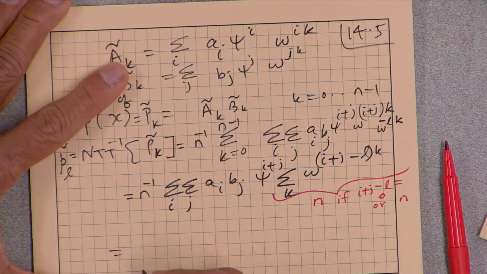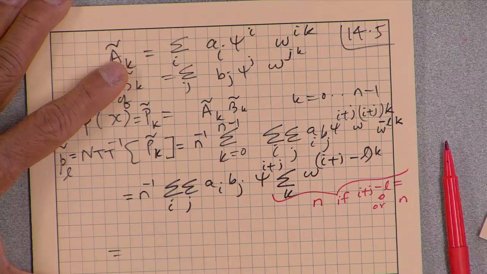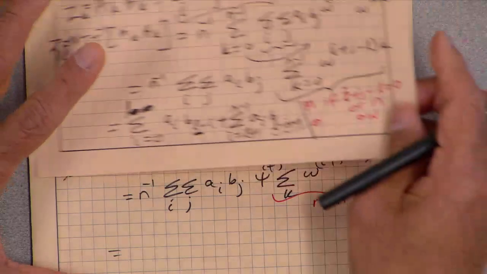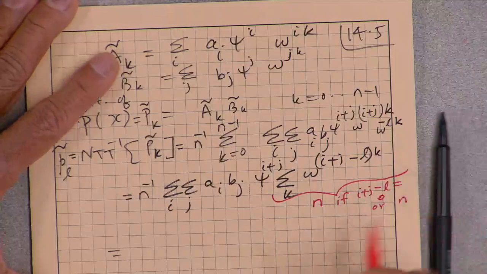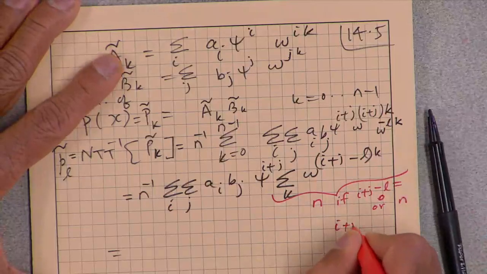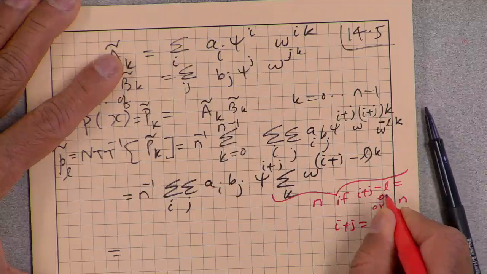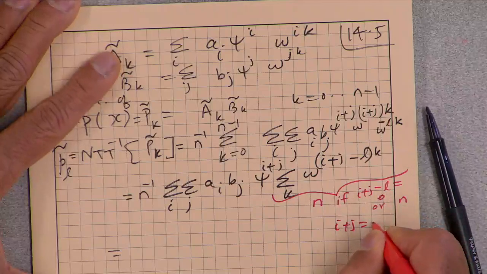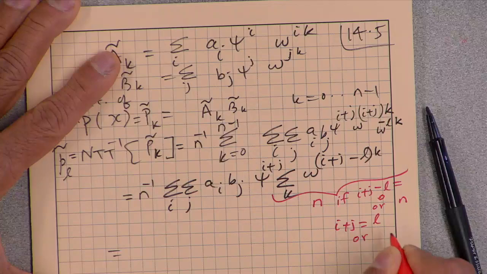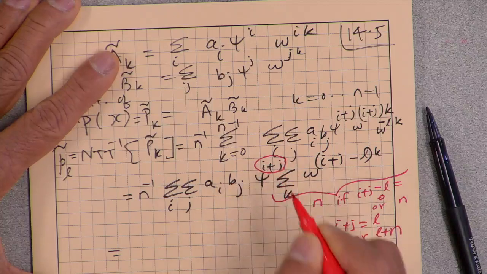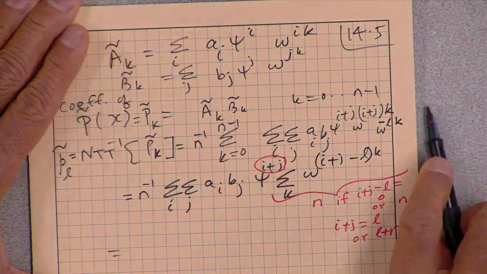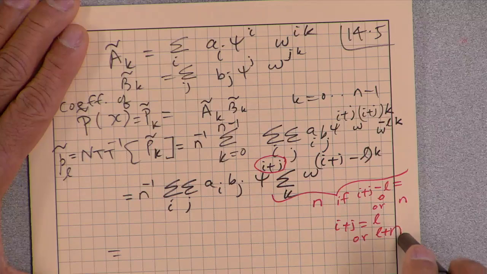So if I write this down again as two terms, what will happen here? i plus j is either going to be L or L plus n. Why am I talking about that? This power i plus j will be either L or L plus n.